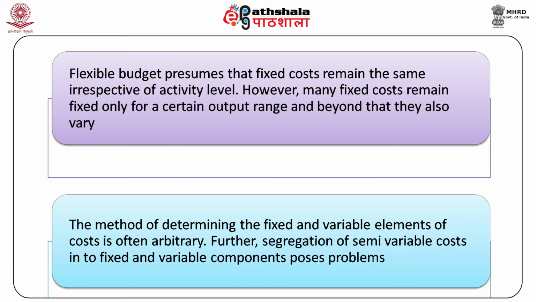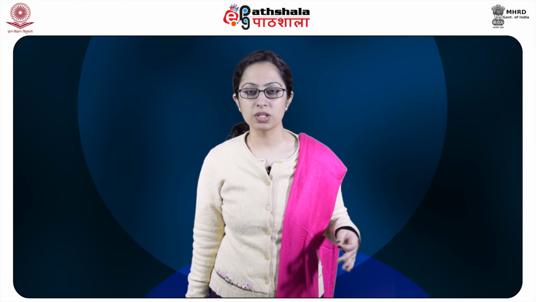Fourth, the method of determining the fixed and variable elements of cost is often arbitrary. Further, segregation of semi-variable cost into fixed and variable components poses problems. Thus, the major weakness of flexible budgeting is that it is based on unrealistic assumptions about cost. If the costs do not behave in the predicted manner, even flexible budgets could mislead.